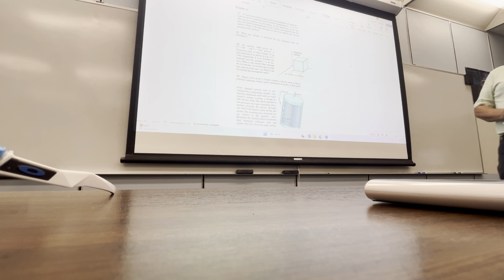Is this an electric field on the human scale? Probably not. What would be an electric field on the human scale? What values would we be looking at? Hundreds to thousands. Hundreds of thousands.